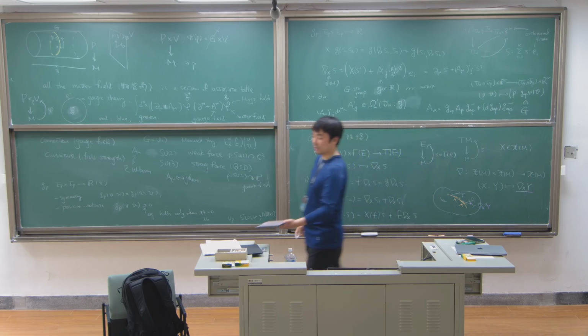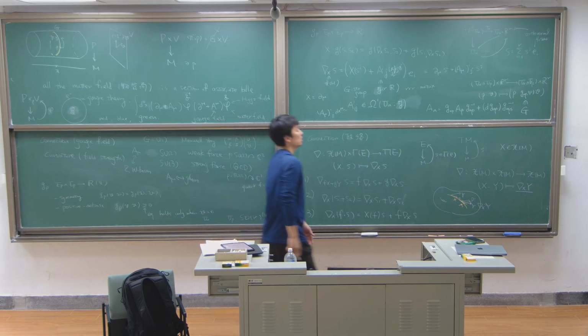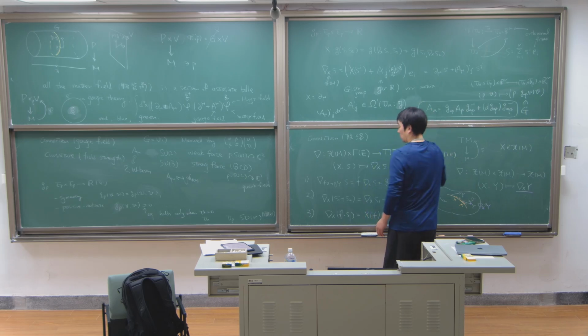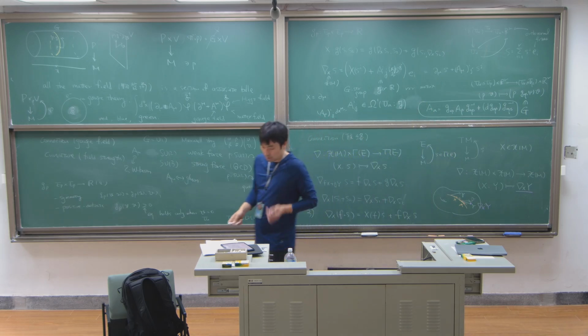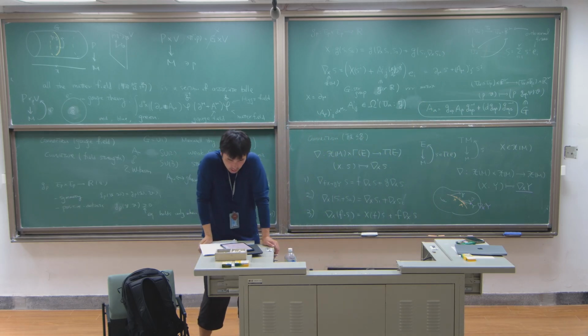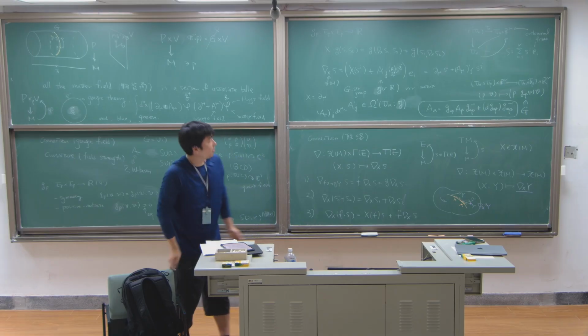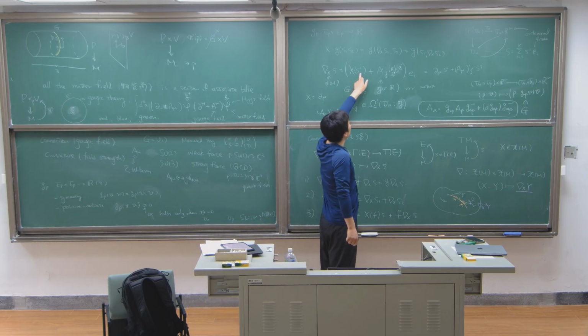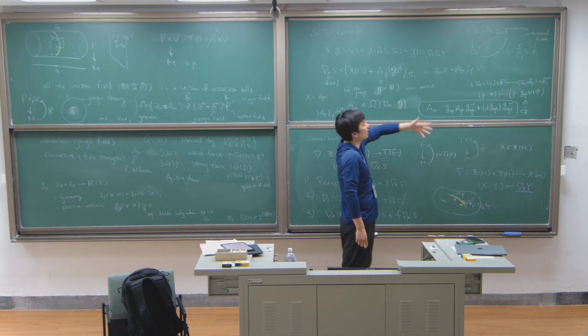So from one connection to the other connection, you need to do the following transformation. This can be derived just from how this section is mapped from one to the other.